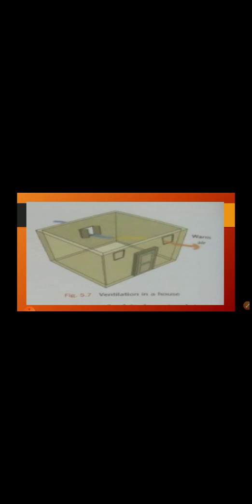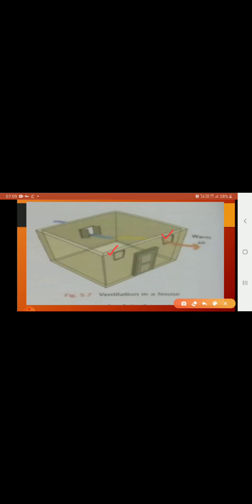And how we can achieve this? This is achieved by making an opening near the ceiling of the room. Here you can see the ventilators. Opening or hole-like structure near the ceiling of the room. This is known as ventilator.